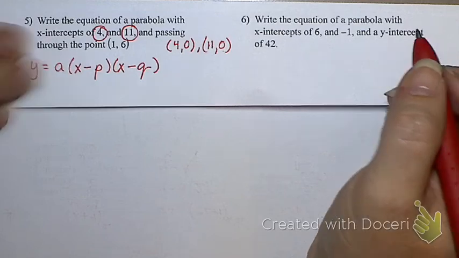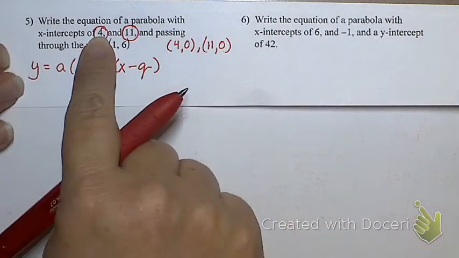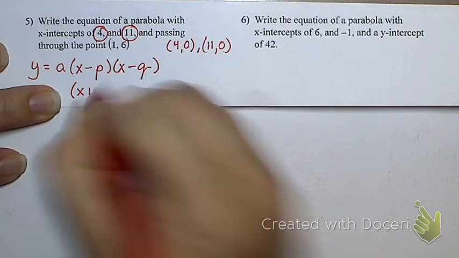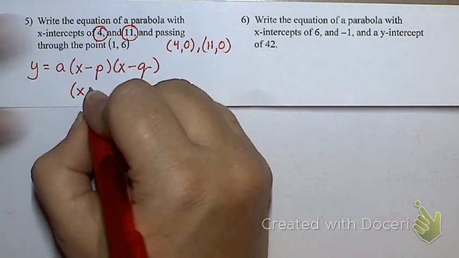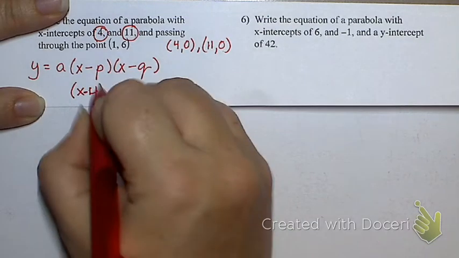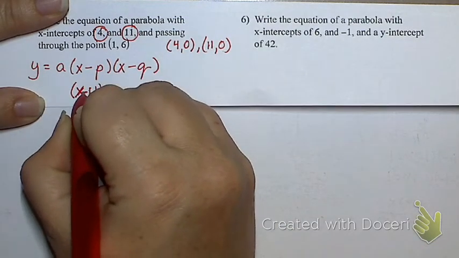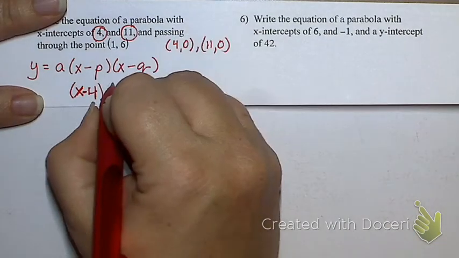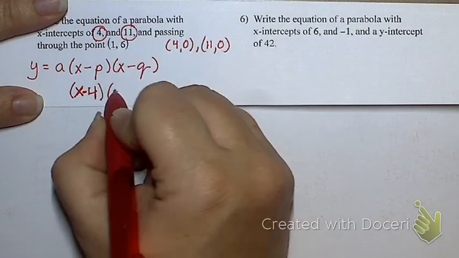Sorry. Well, I know that if 4 is an intercept, this parentheses is going to look like, whoops, not x plus, but x minus 4. You okay with that? And what is the other one going to look like if that's a positive 11?